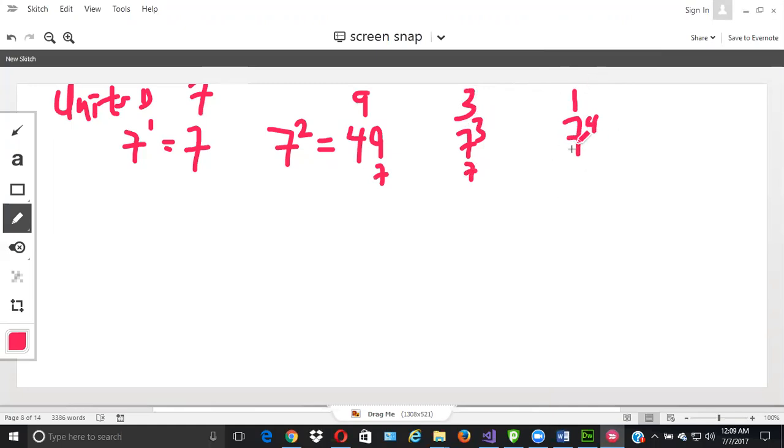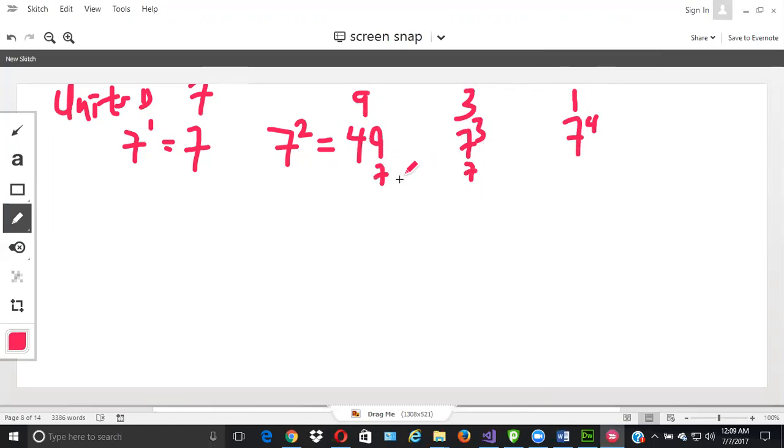Again, you can verify that if you multiply 7 cubed by 7, the units digit will be 1. But essentially, every units digit can be generated by multiplying the previous units digit by 7.